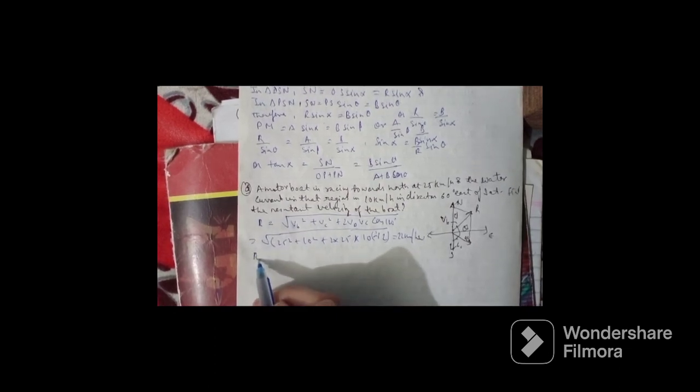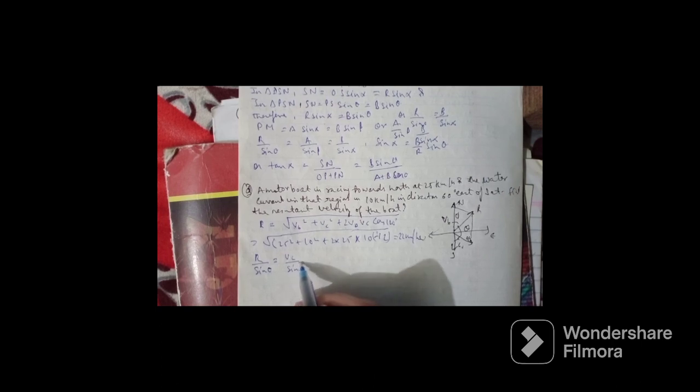To obtain the direction, we apply the law of sines. So R upon sin theta equals VC upon sin phi, or sin phi equals VC sin theta upon R, which is 10 into sin 120 upon 21.8, equals 10 root 3 upon 2 into 21.8, equals 0.397, and so phi equals 23.4 degrees.